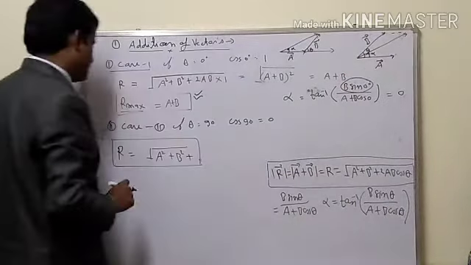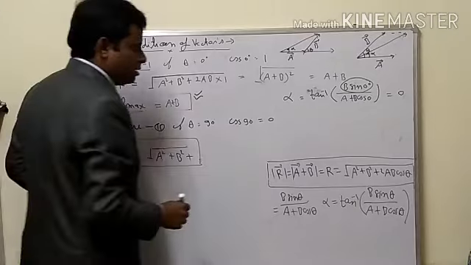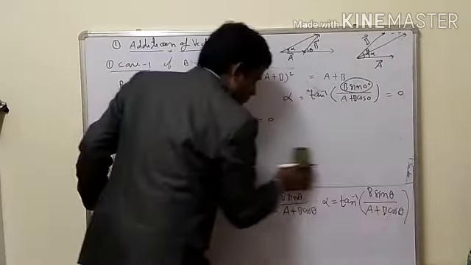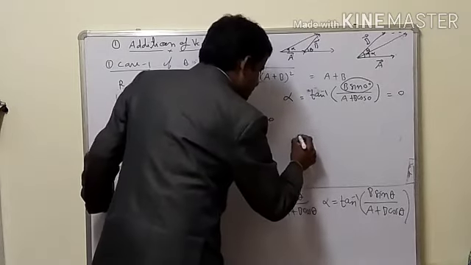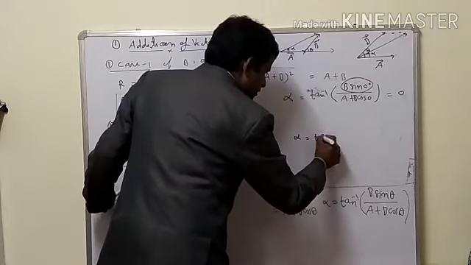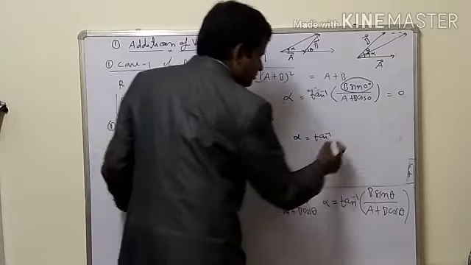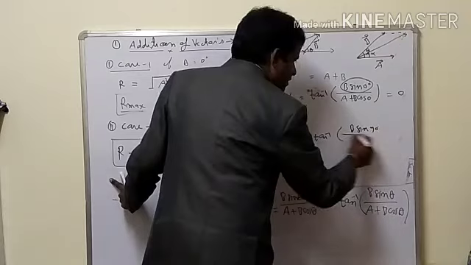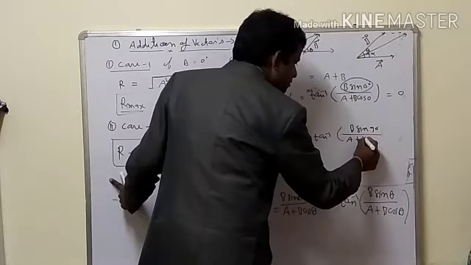In the second case, if you are writing direction alpha, then it will become tan inverse b sine 90 upon a plus b cos 90.